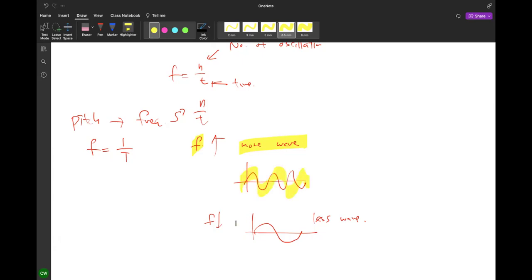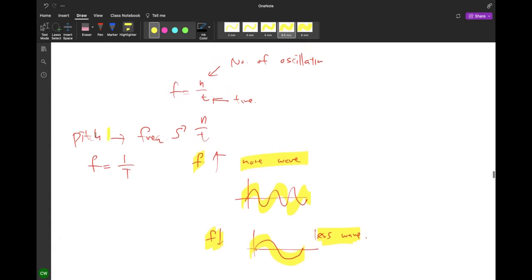Lower frequency, fewer waves. This is wave. So pitch: high pitch means high frequency. Low pitch means low frequency.